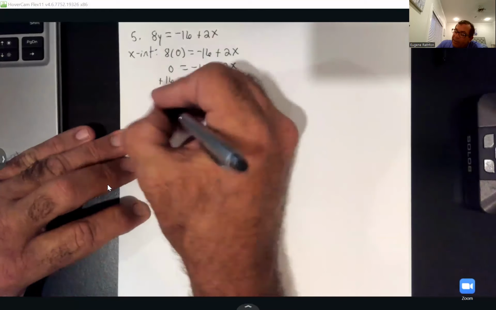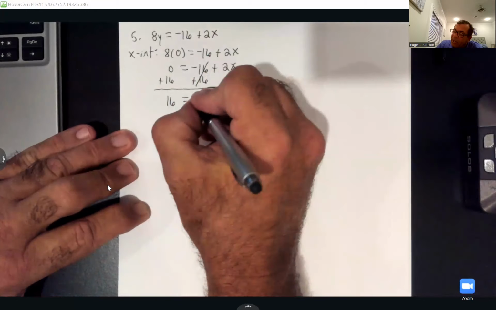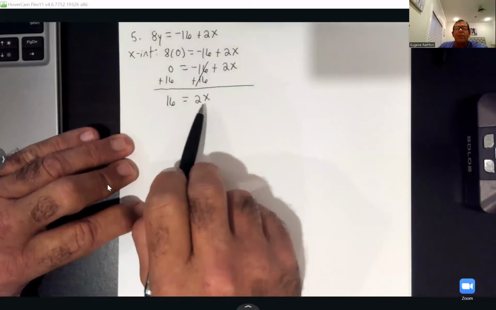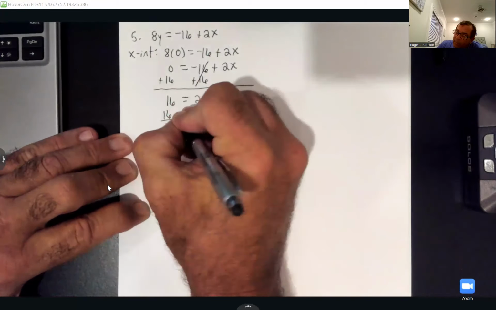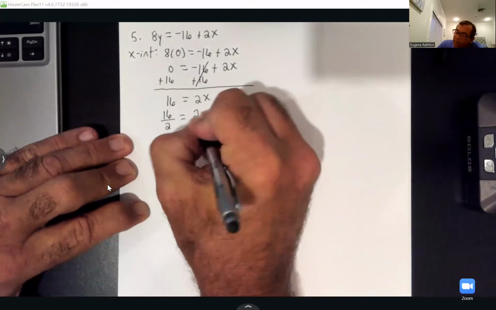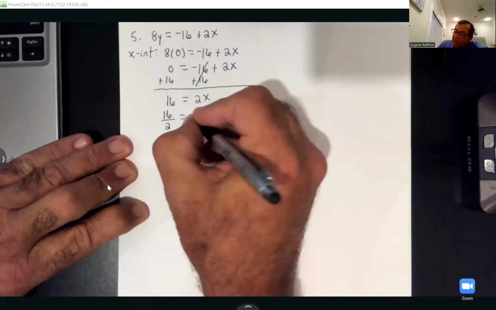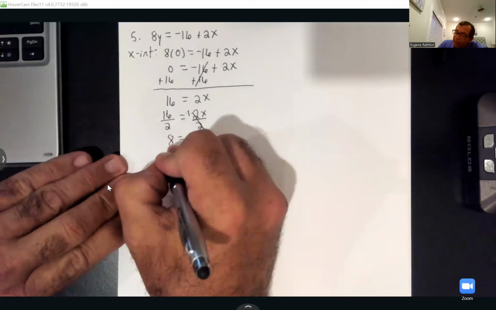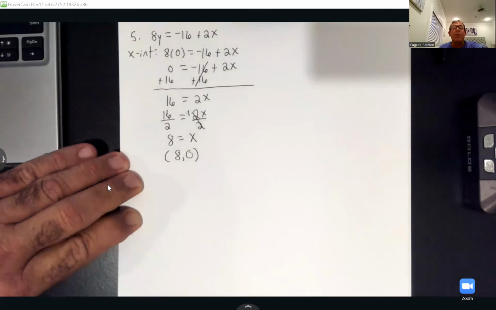So I get 0 plus 16 is 16. Those 16s cancel, and all that's left is my 2x. Now make 2x into 1x by dividing both sides by 2. So notice 16 divided by 2 is 8, and that's going to equal 1x. So x-intercept is (8, 0).